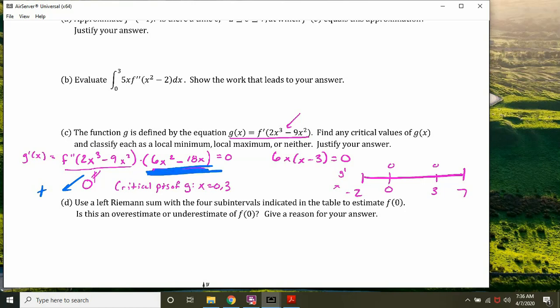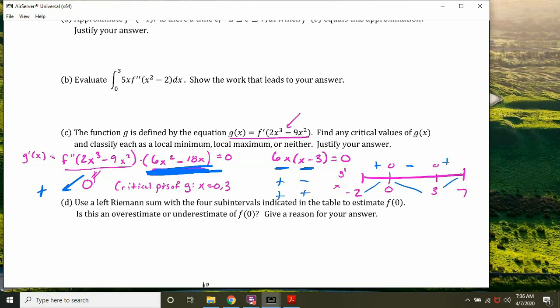If I take a number like -1, which is between -2 and 0, we get a negative times a negative. So we're positive, and so g would be increasing. If I take a number like 1, that's a positive times a negative, decreasing, and a number like 4, positive times positive.